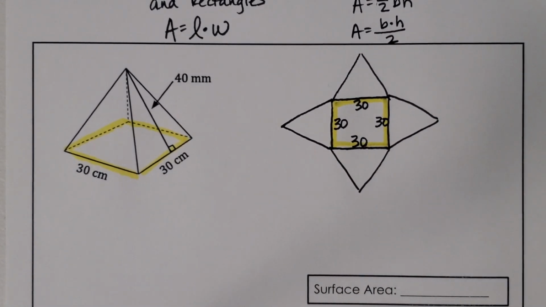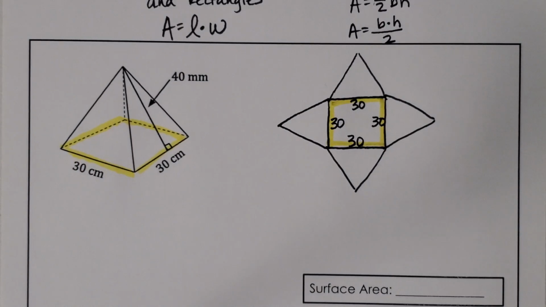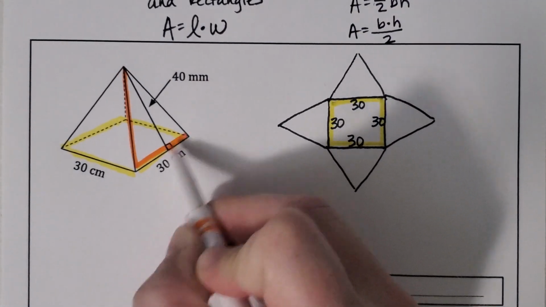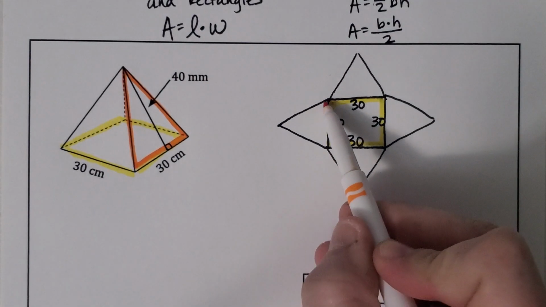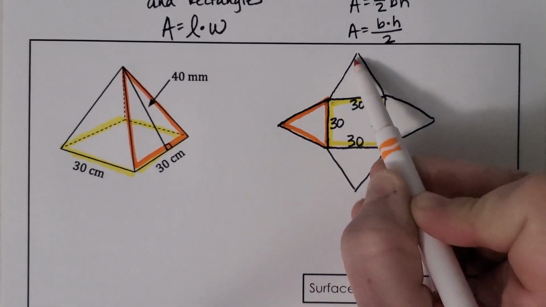And since I'm dealing with a square, that means all of my triangles on each of the sides are going to be the same as well. So this triangle has a base of 30, and then it also has a height of 40. So I'm going to show that this triangle would be the same as all of these.